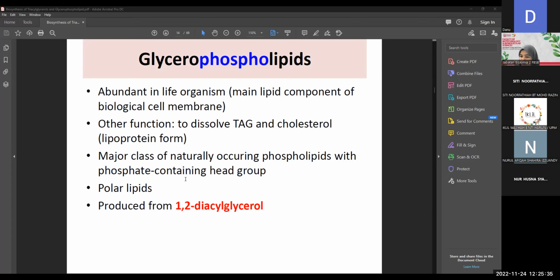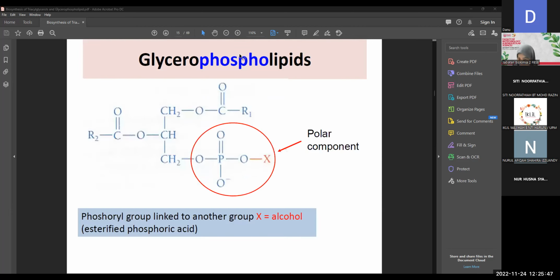It can be produced from 1,2-diacylglycerol phosphate, phosphatidic acid. When a phosphate group attaches at the head group, it forms glycerophospholipid. What makes it a polar lipid is the polar component from the phosphate group.